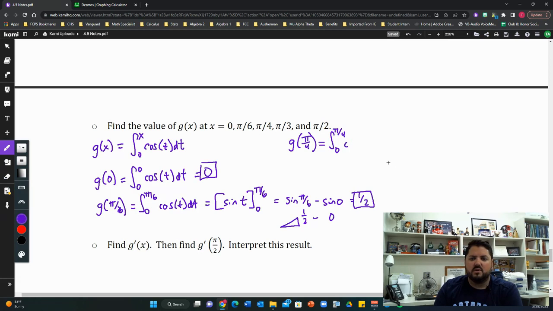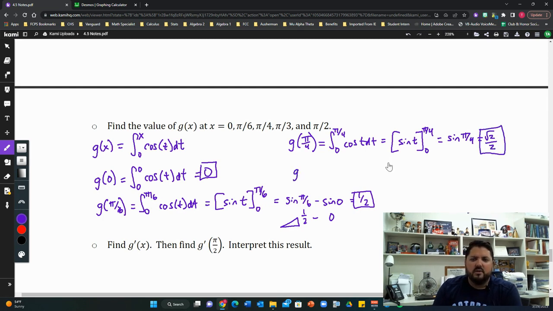So that's still going to turn into sine of t. The only thing that's changing is the upper bound, and our a value stays the same the whole time. So this is really just going to be 0 for all of these. The only thing we really have to worry about is what is sine of our b value that we choose. So this is going to turn into sine of pi over 4, or square root of 2 over 2.